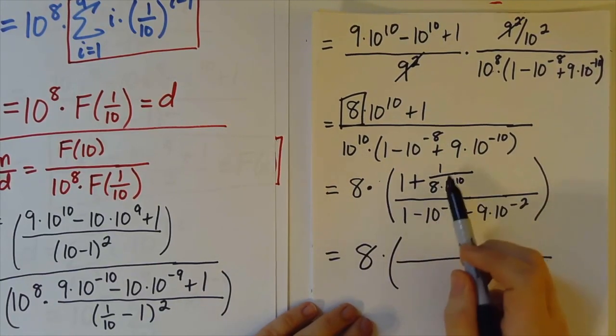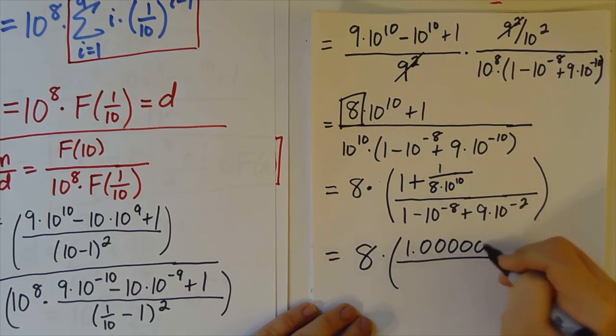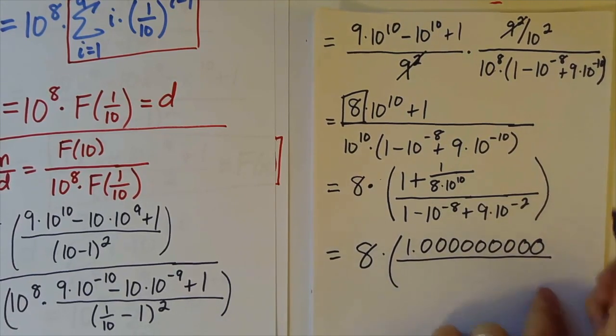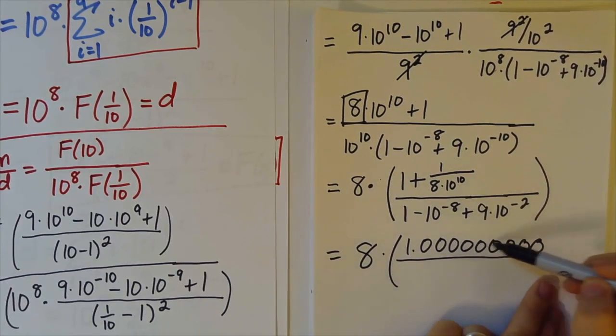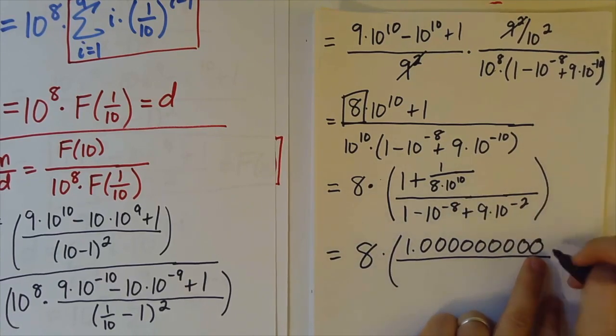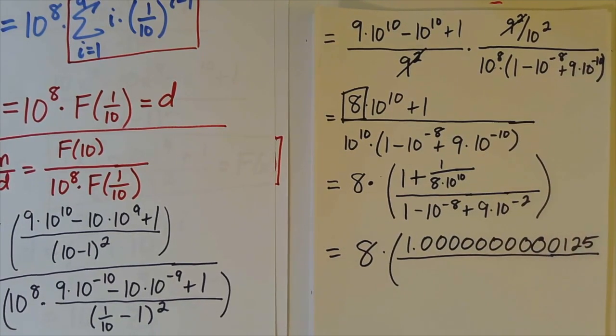And the 1/8 only makes it smaller, so this is something like 1.000000000. So that's 9 zeros. There's actually then, because of the 8th, 1 more 0, and then a 125, if you think about what 1/8 is in decimal. Okay. So the numerator here is ridiculously close to 1.